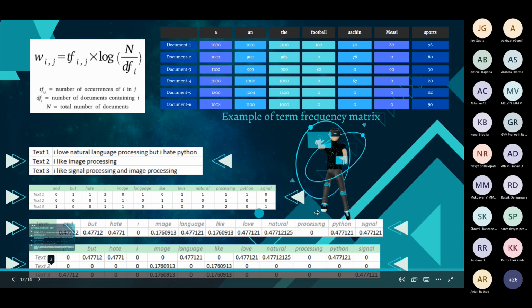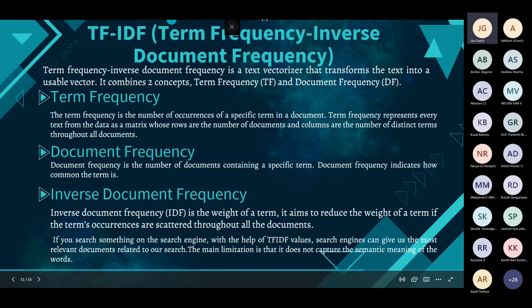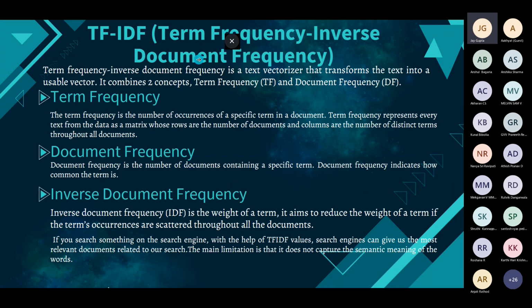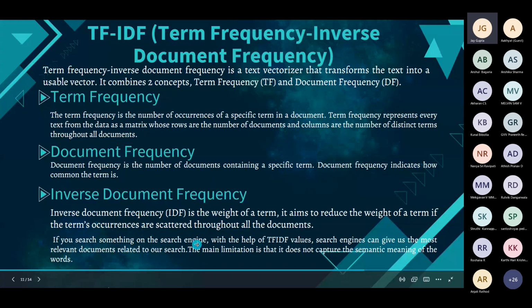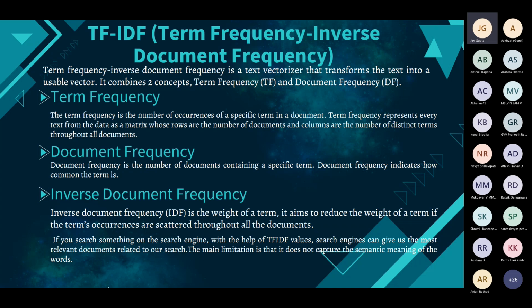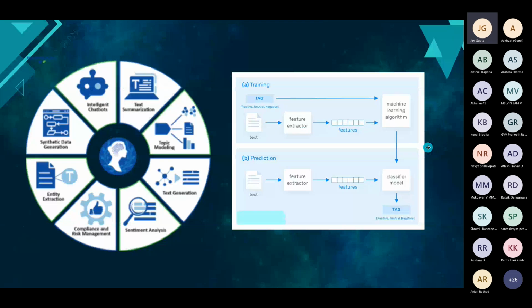What this technique does is, for example, if you search something on a search engine, with the help of the TF-IDF value the search engine can give us the most relevant documents. We can determine which document is less important and which document is more important.